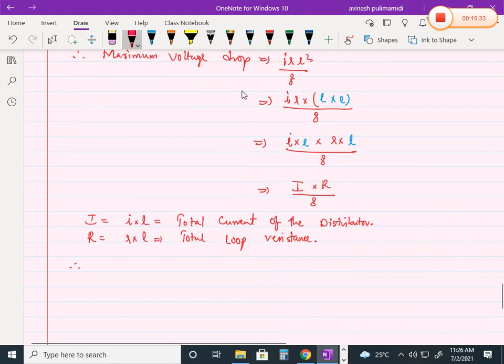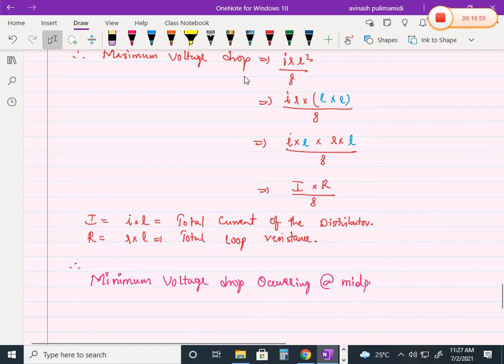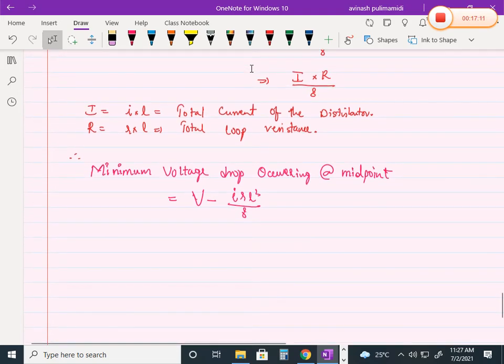Therefore, the minimum voltage occurring at midpoint is the total voltage V from the A side minus I into r into l square divided by 8, or else we can also write this as V minus I R divided by 8.